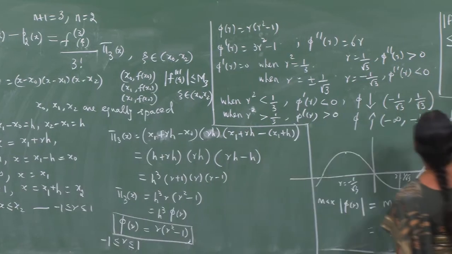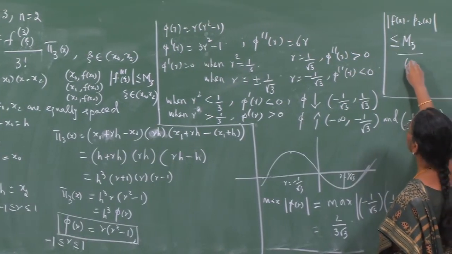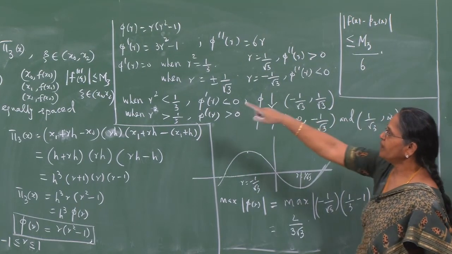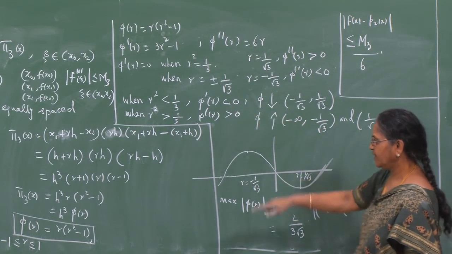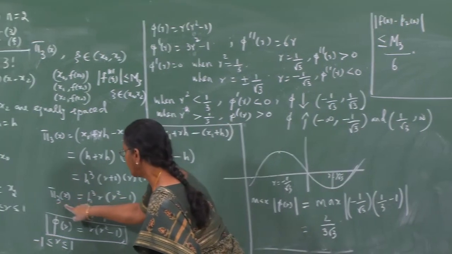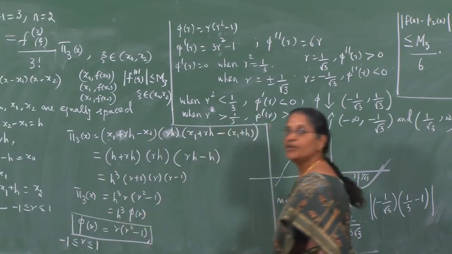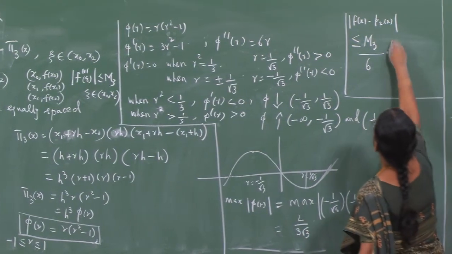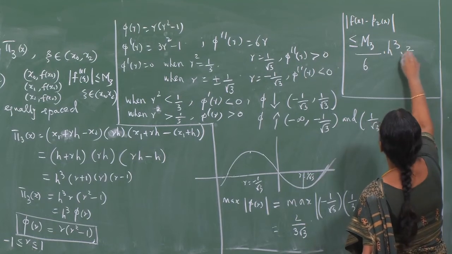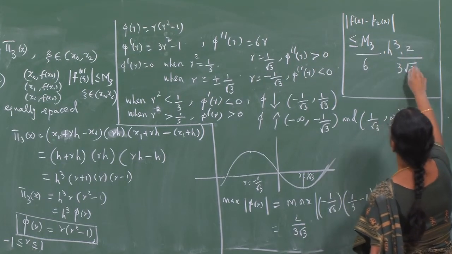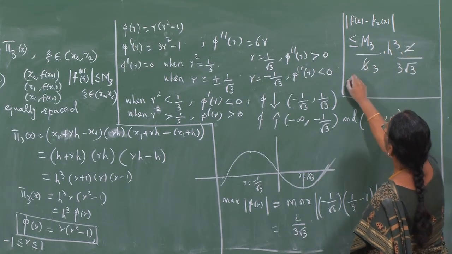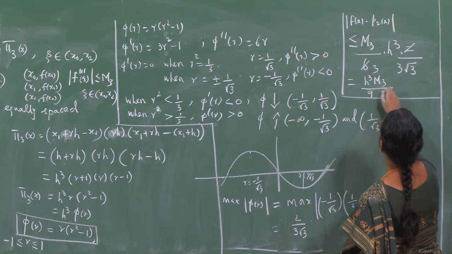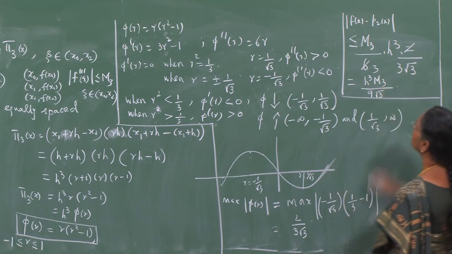So, m 3 by 3 factorial, that is 6, into the maximum of pi 3 of x. Pi 3 of x is h cubed into phi of r, and we have the result here. So, that gives you h cubed into 2 by 3 root 3. So, this is h cubed into m 3 divided by 9 root 3.